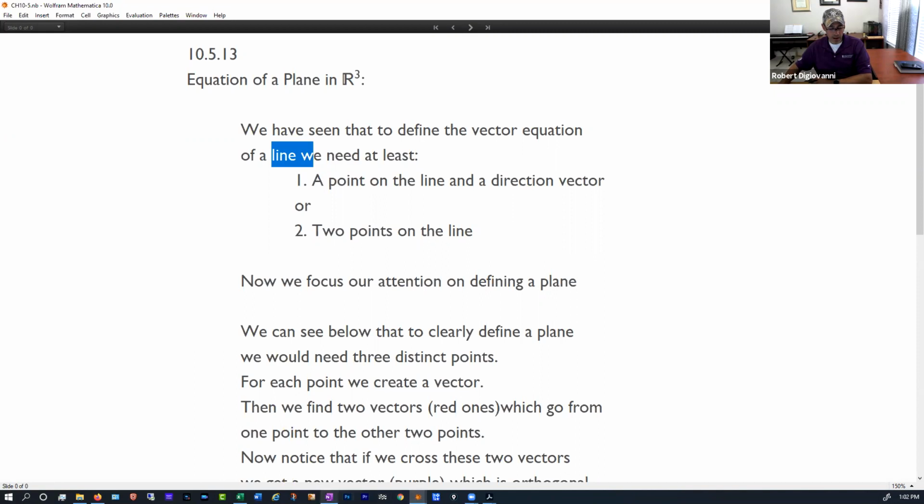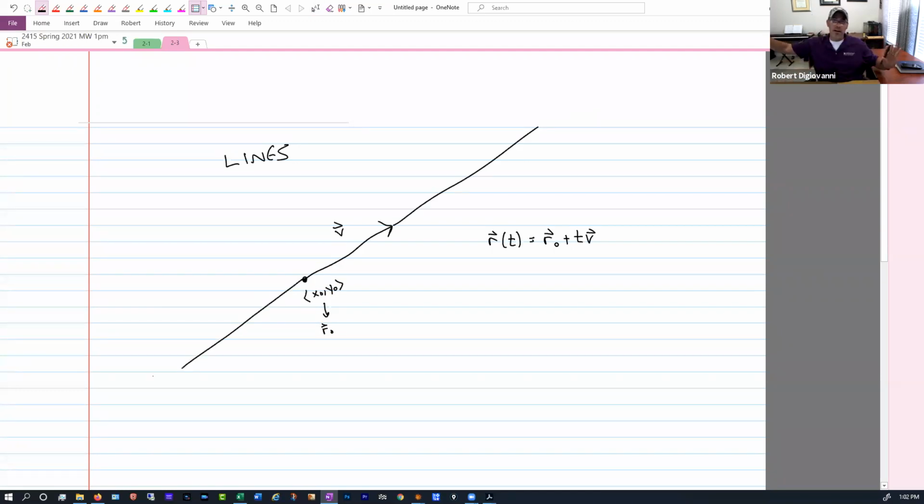When we're talking about lines, just give me a point and give me a direction vector v. For that point, I'll just call that my x naught, y naught. And so we come up with that vector equation, r of t equals r naught plus tv. But basically you give me a point on the line, you give me a direction vector of the line, and I will be able to generate the entire line. All right.